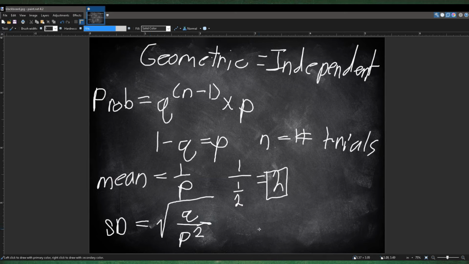In our case, we have 0.5 as q for the probability of tails, and we have 0.5 as the probability of getting heads, squared. So 0.5 divided by 0.5 squared would just be 1 all over 0.5 simplified, so that would just be 2. So it would just be square root 2. That's your standard deviation, which is roughly about 1 point something.